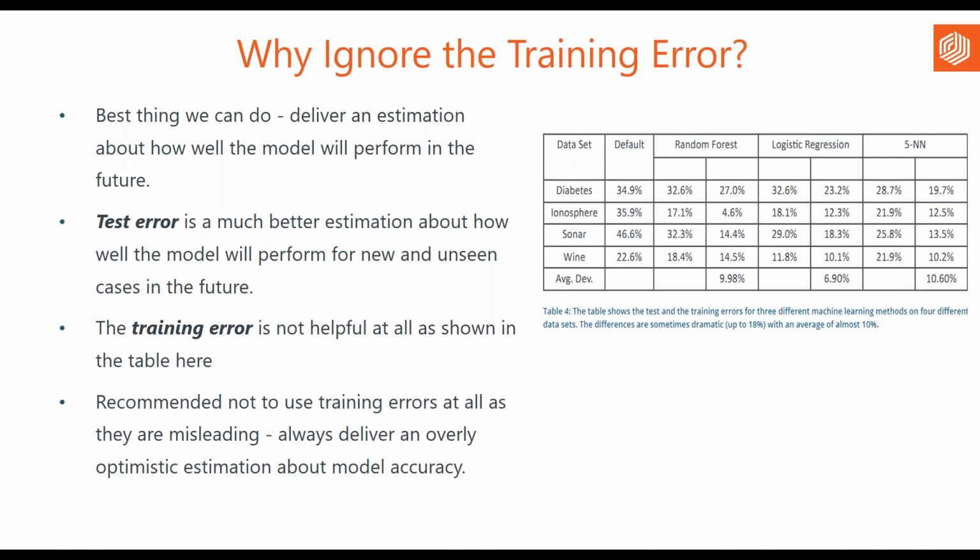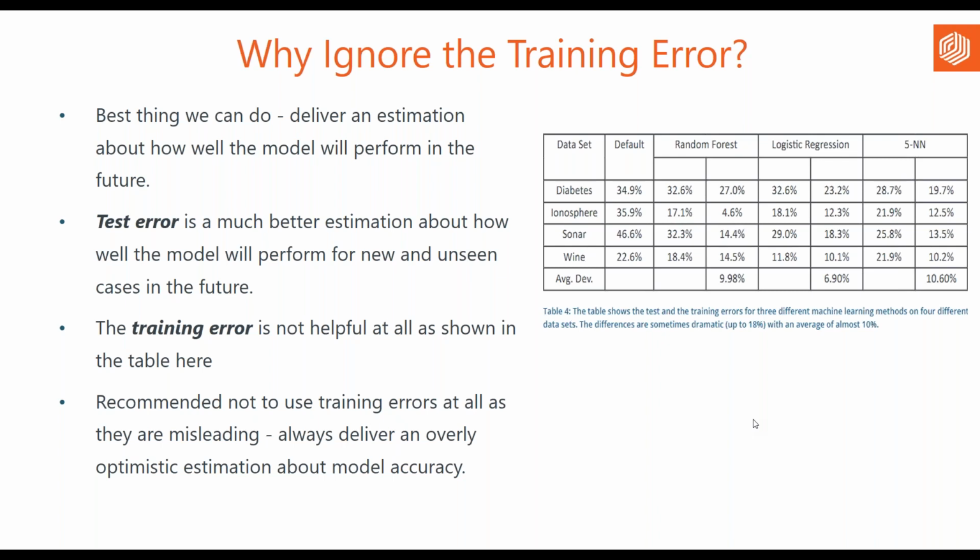As you see in the table, we have tried to run different models for different data sets, and we have calculated the training error and test error. You can see how well the model will perform in the training phase, but on the testing phase, it's expected to do well.